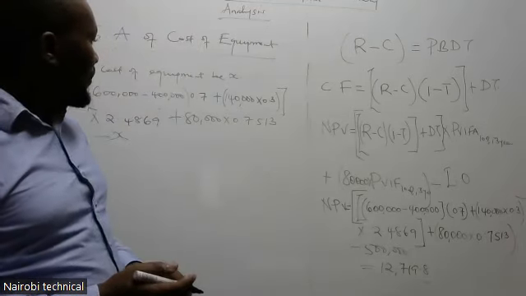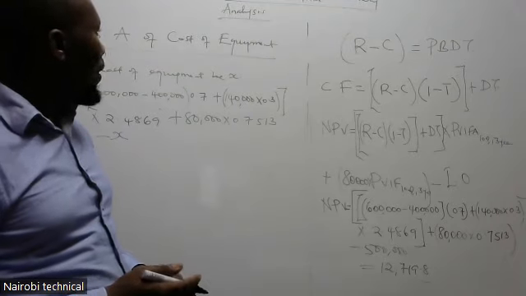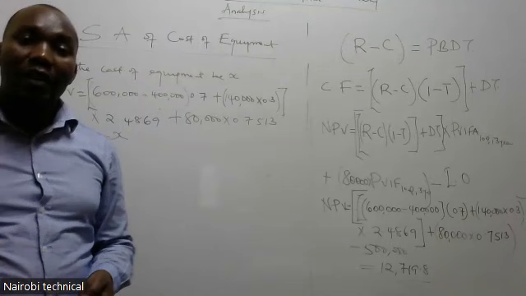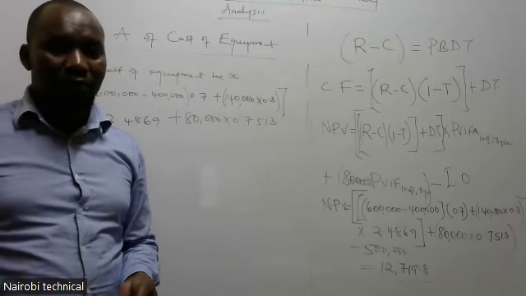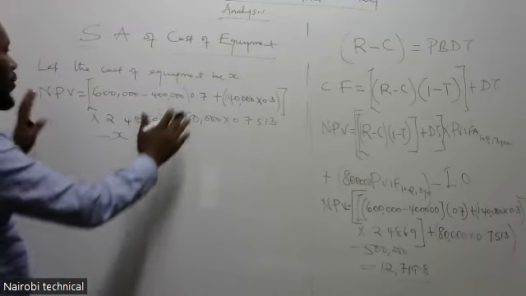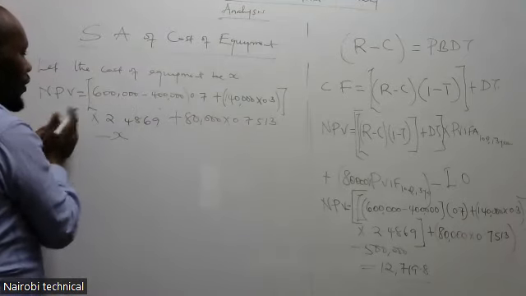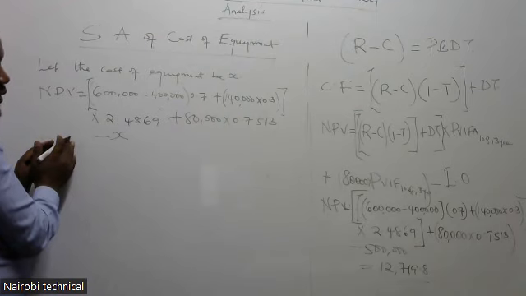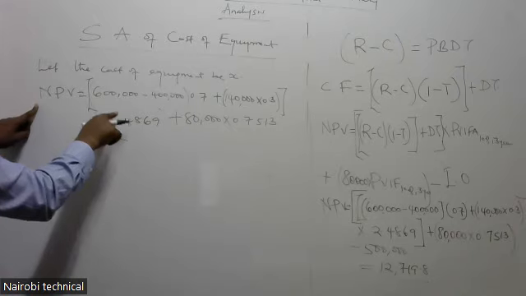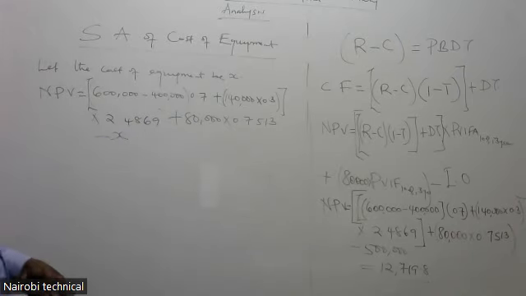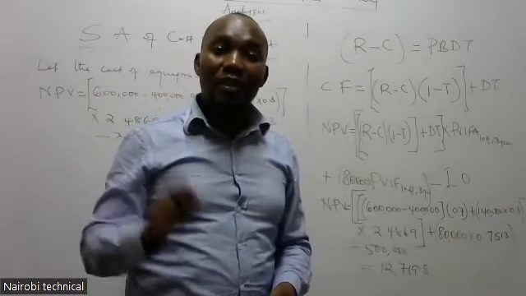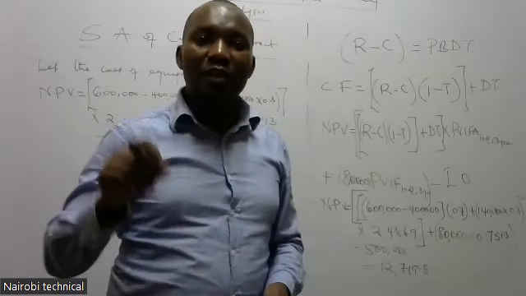So what does this mean? When you are using this particular formula of break-even point, you assume that the NPV is 0. So that means that all this we are going to calculate will be equal to 0. We are saying NPV is equal to this one, which is equal to 0, because we are using break-even point, and at the break-even point, the NPV is 0, because it is assumed that the profit is 0.